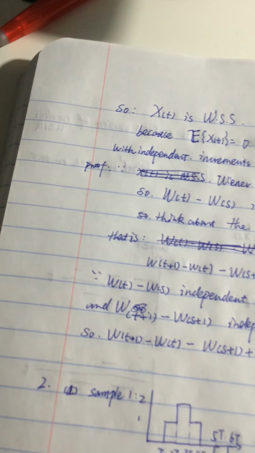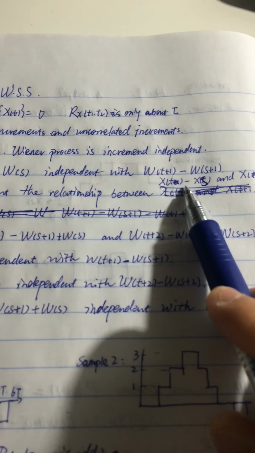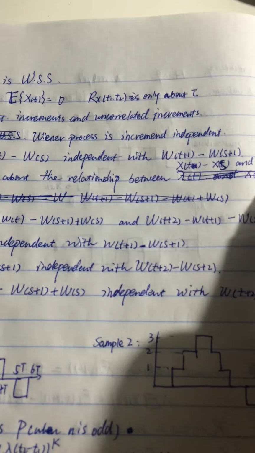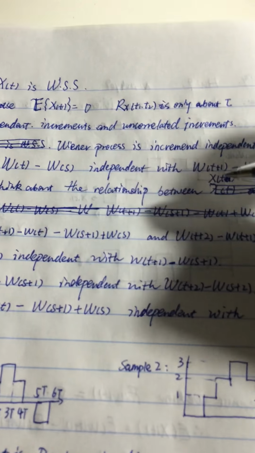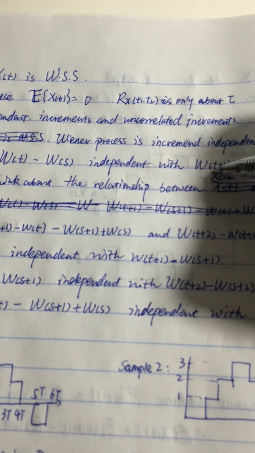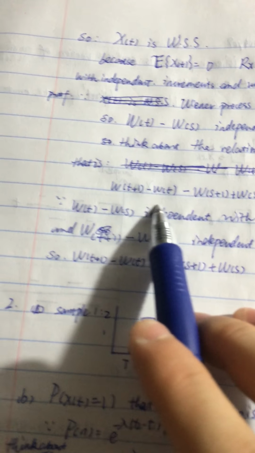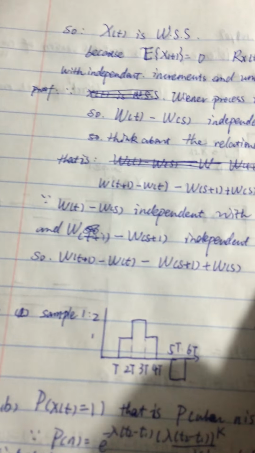So we think about the relationship between X_t minus X_s, just exchanging W and X, so we think about X, not W anymore. We will find W_t minus W_s, something like that.